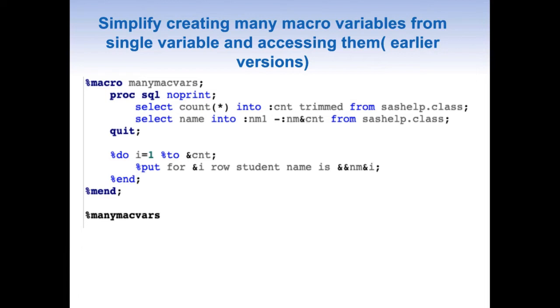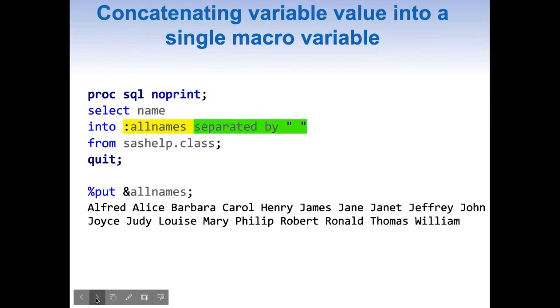Now we have seen how we can create many macro variables from a single variable and how we can access them. Now let us look into something different than what we have previously done. What we want to do is concatenate all the values into a single macro variable.